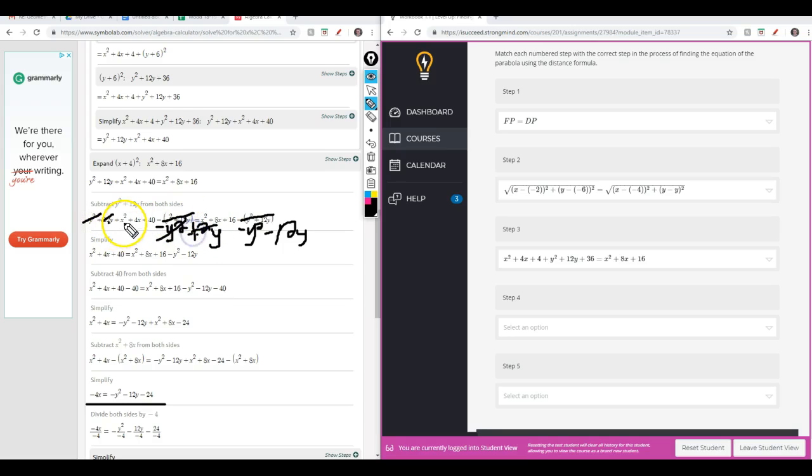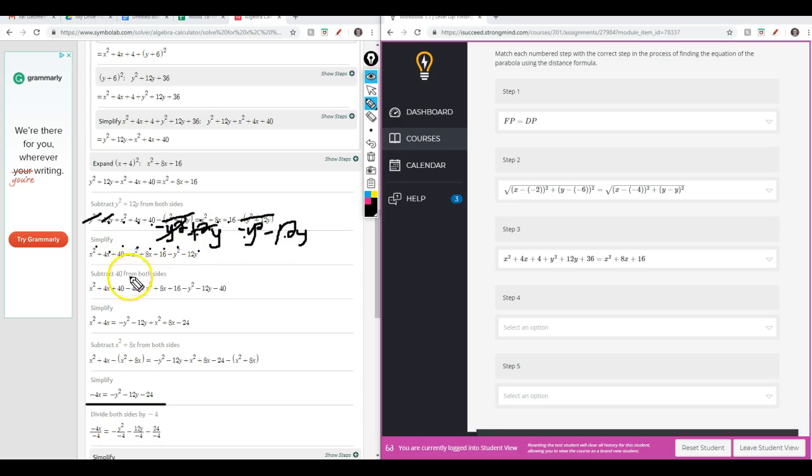So those two. And then you would have x squared remaining, 4x remaining, and 40 remaining. And then on this side you have x squared still remaining, you have 8x still remaining, plus 16 still remaining, and then you have no like terms for the negative y squared minus 12y. So you still have negative y squared minus 12y.